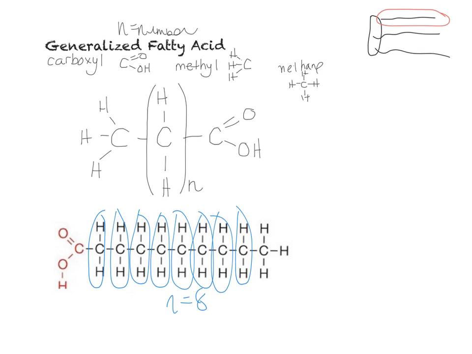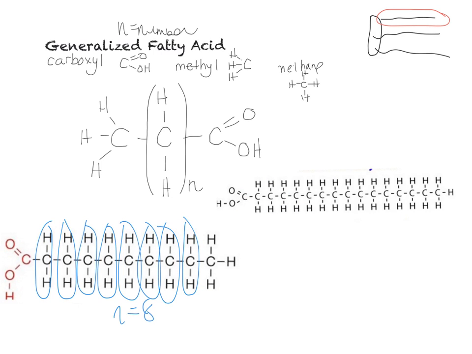You don't really have to remember that, but what I'm trying to show you is methyl, carboxyl, and then a certain number of these groups. If we take a look at this one, here's the carboxyl, here's the methyl group. So this one has a total of, holy crap, a lot: 1, 2, 3, 4, 5, 6, 7, 8, 9, 10, 11, 12, 13, 14 of these groups in the middle.